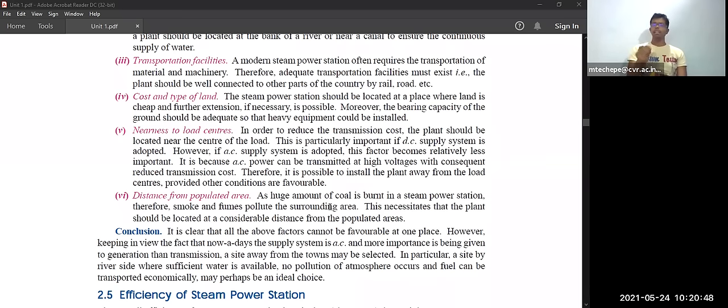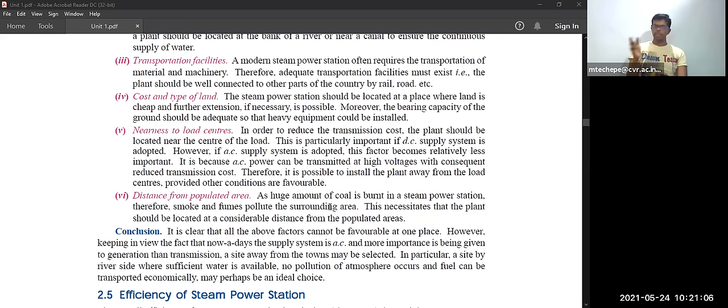Working inside the thermal station, those who are working inside the furnace, inside the boilers, and the control units, it is very difficult. Their body will be very hot.